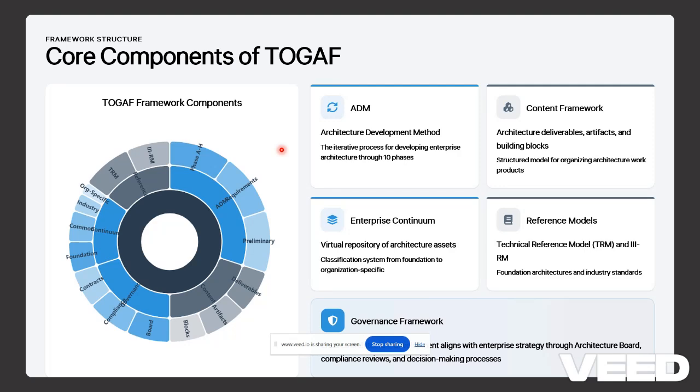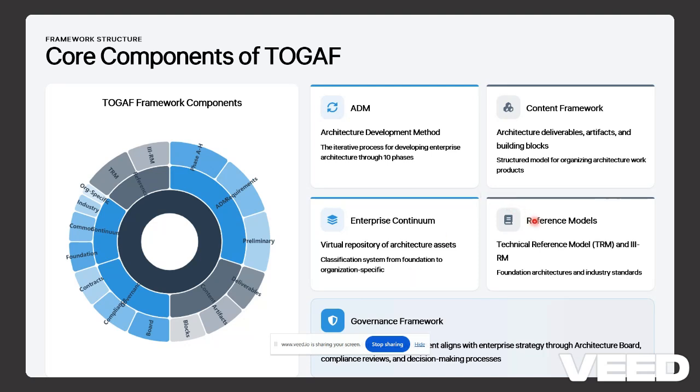The content framework talks about the deliverables. The enterprise continuum is how your repository, meaning your assets, the products of the company, the foundation of the organization, is classified within the systems.